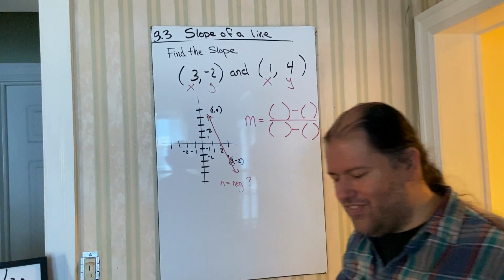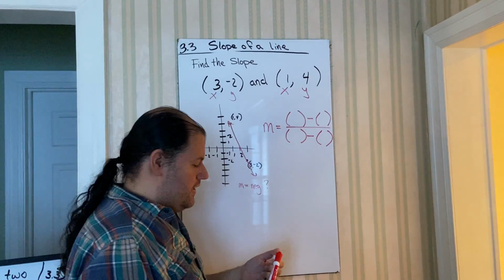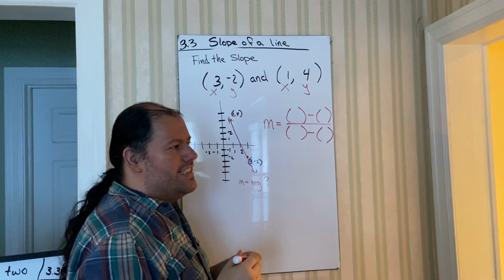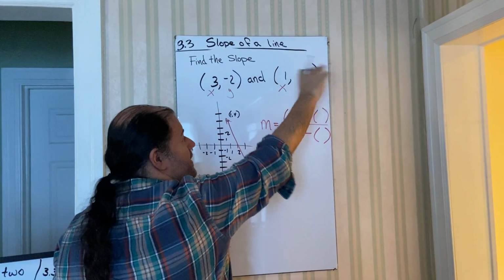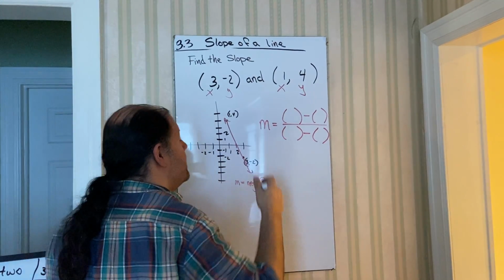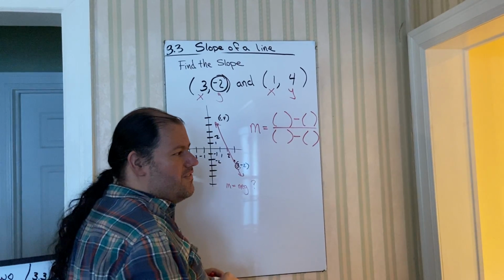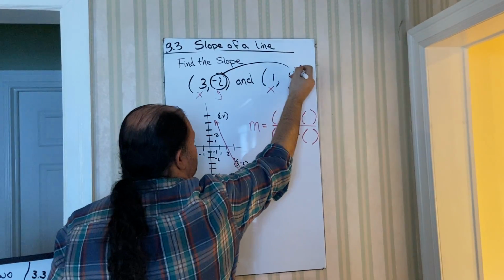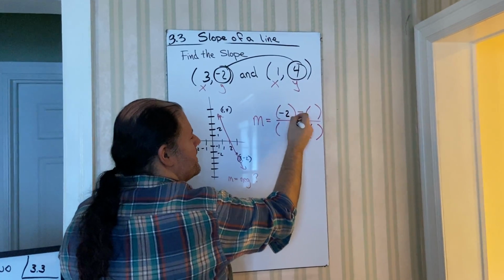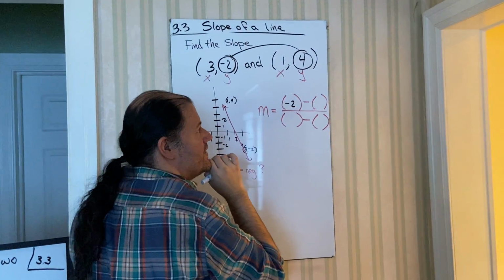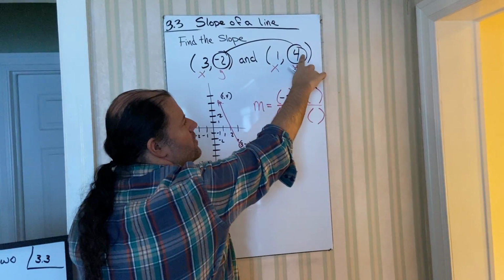So all I tell people is this. We just know that you have to subtract your y's. Make sure you're just going in the same direction. So ask yourself, normally I read going from left to right. So notice I started at a -2 and I changed it to a 4. So I started as a -2, so I put that in the first parentheses, and I changed, that's why it's subtraction, to a 4.